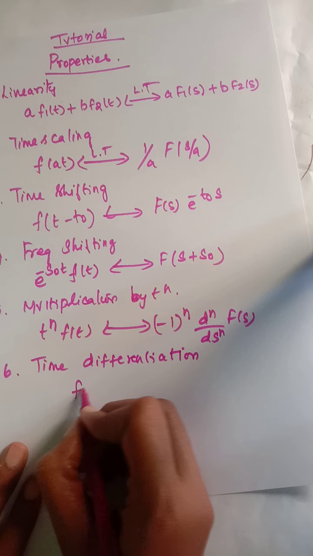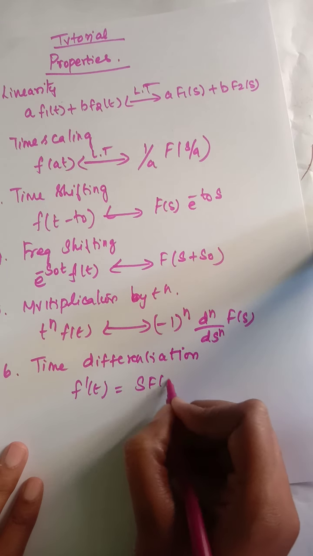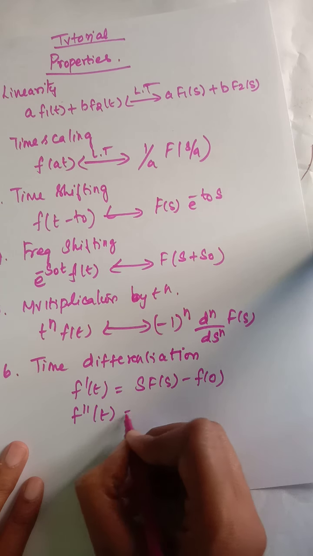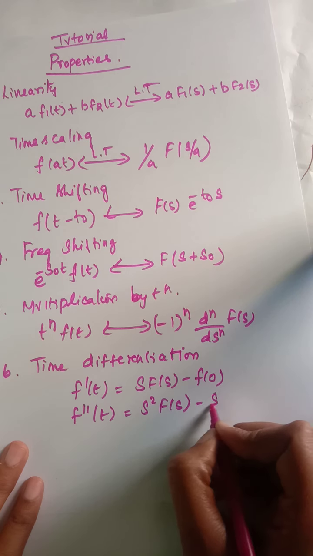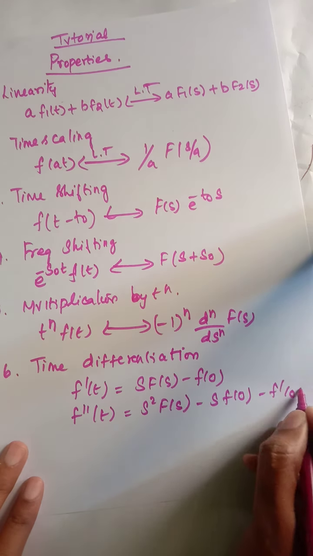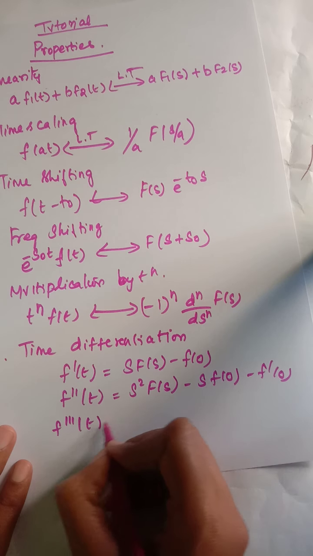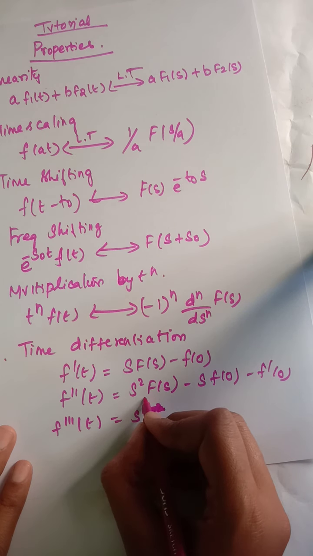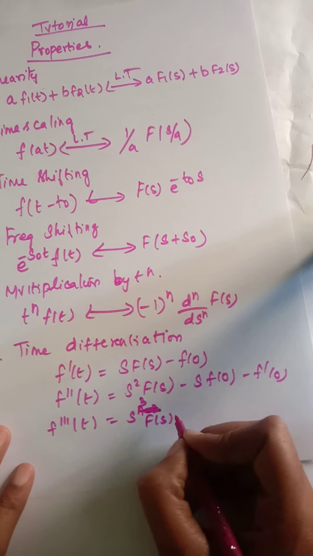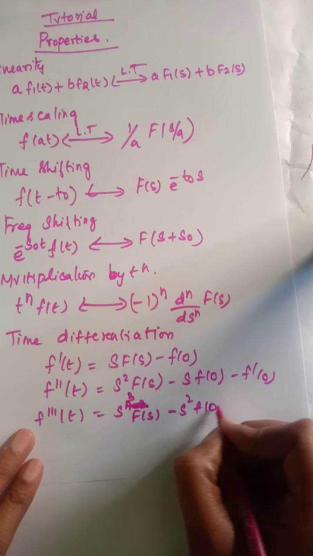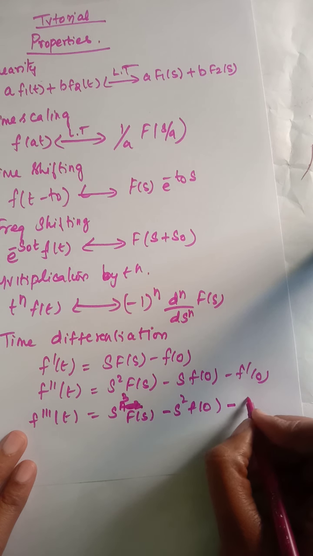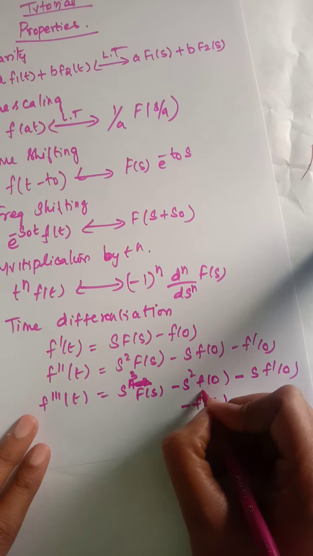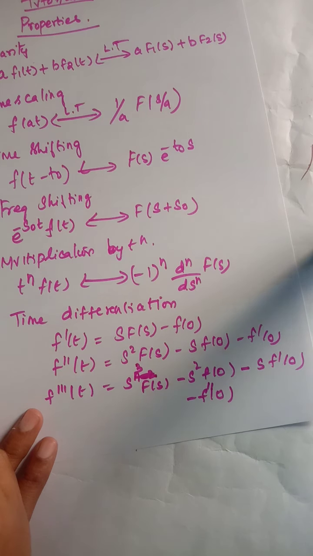Here f dash of t is s F of s minus f of 0, and f double dash of t is equal to s square F of s minus s f of 0 minus f dash of 0, and f triple dash of t is equal to, sorry, s cube F of s minus s square f of 0 minus s f dash of 0 minus f double dash of 0. So this is your time differentiation.